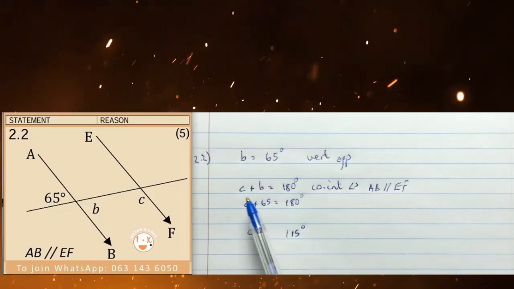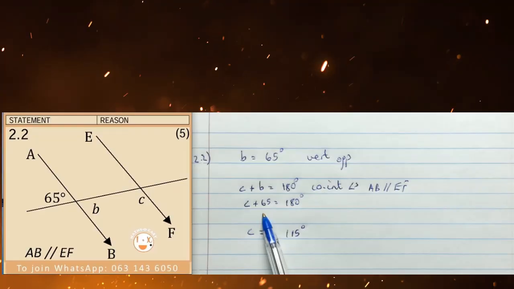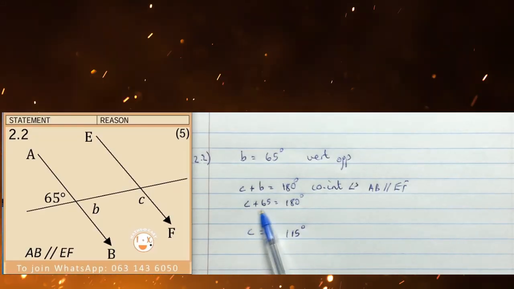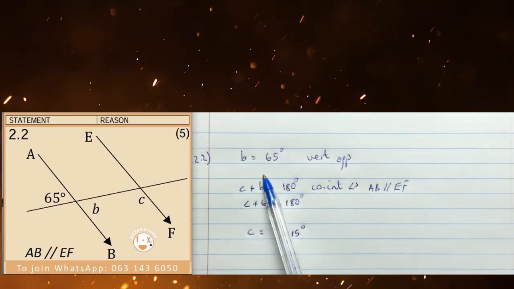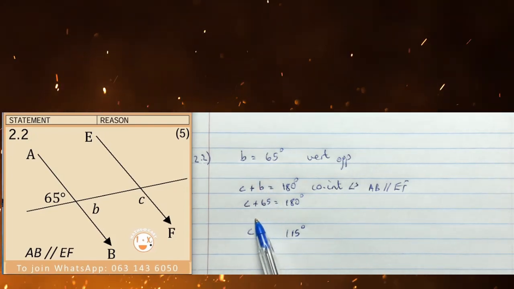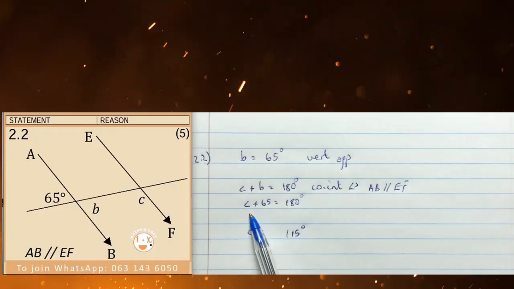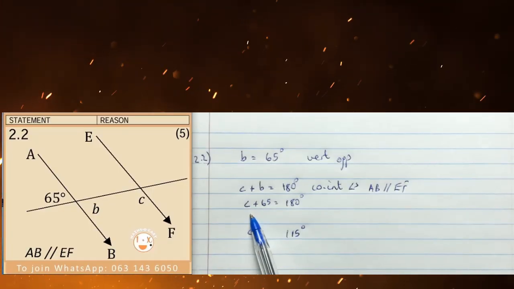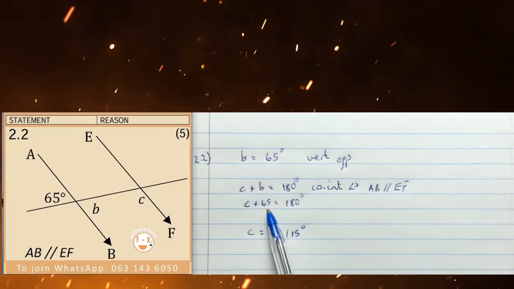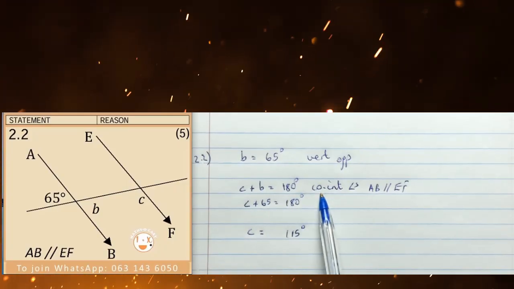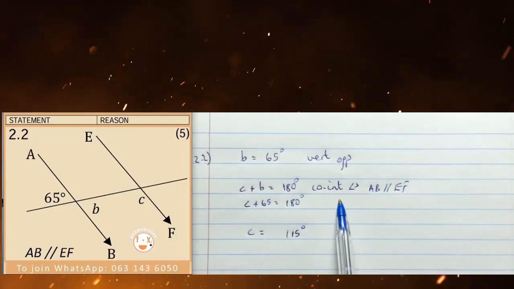You don't need to say C plus B. So you can start by these two. You've already shown that B is 65. So you can just say the only one that I don't have is what? It is C. Okay. So you can say C plus 65 is equal to 180. Use that. This one is important.